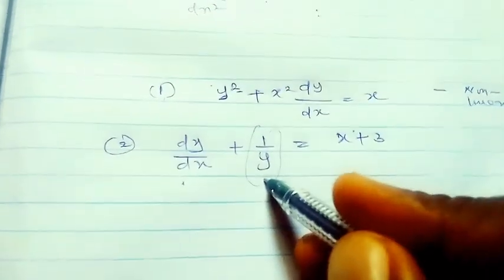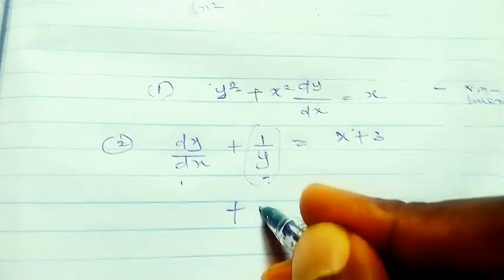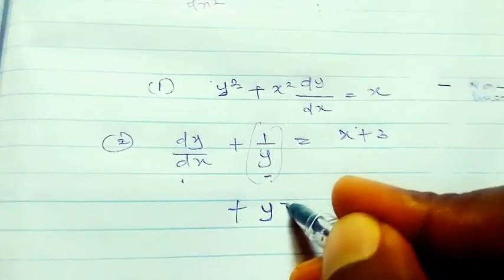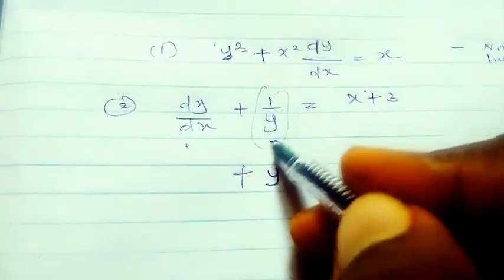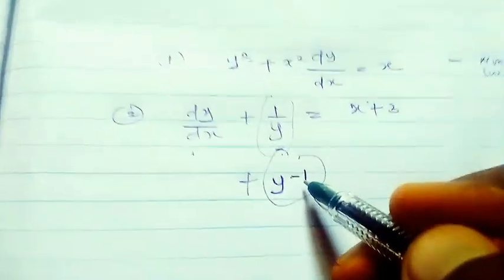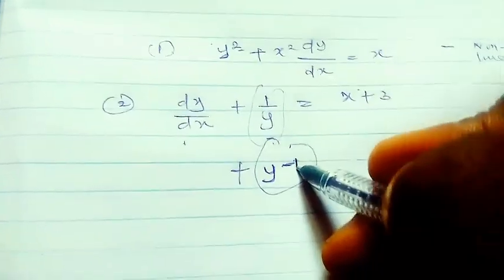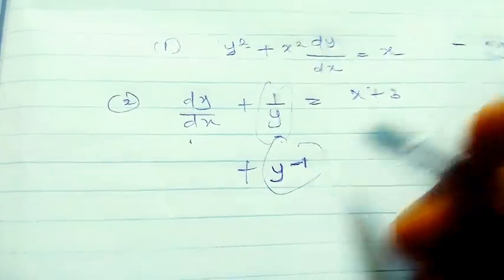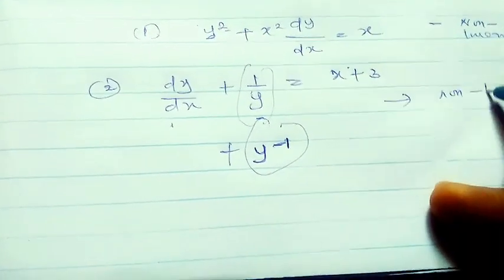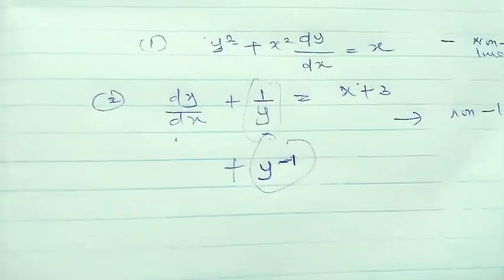What is the power of y here? If we write this in index form, this is 1 over y raised to power 1, so y is not of first power. Instead, it is of what? An inverse power. So this renders it non-linear.